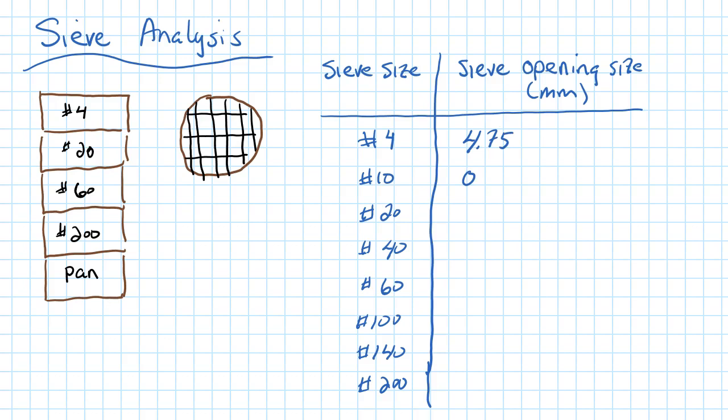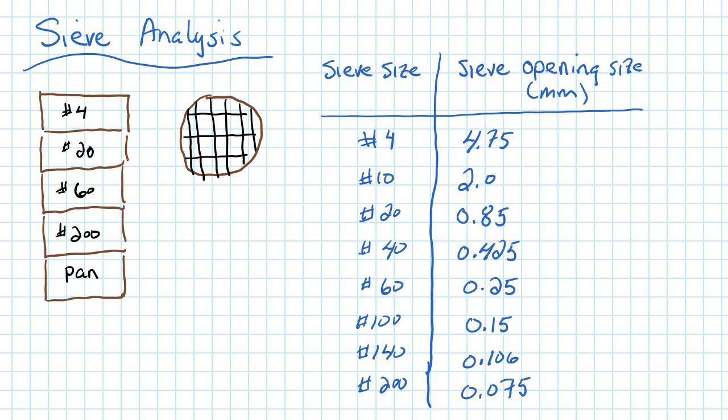A number 4 has an opening size of 4.75 millimeters. A number 10, opening of 2 millimeters. Number 20, 0.85 millimeters. Number 40, 0.425 millimeters. Number 60, 0.25. Number 100, 0.15. Number 140, 0.106 millimeters, and the number 200, 0.075 millimeters.